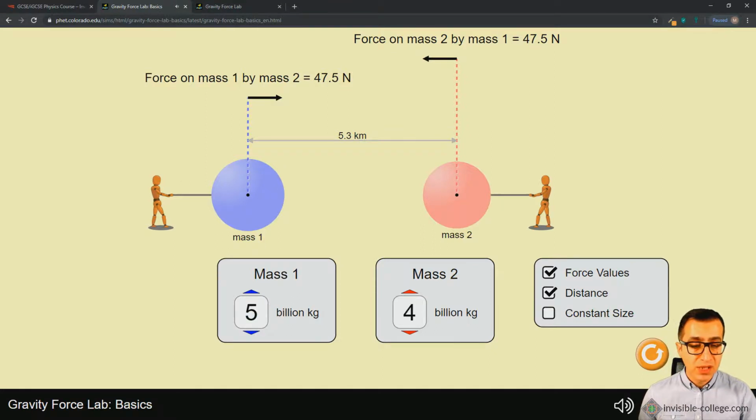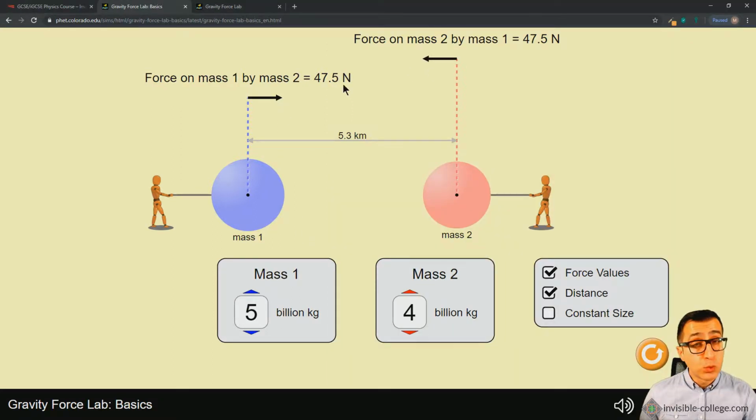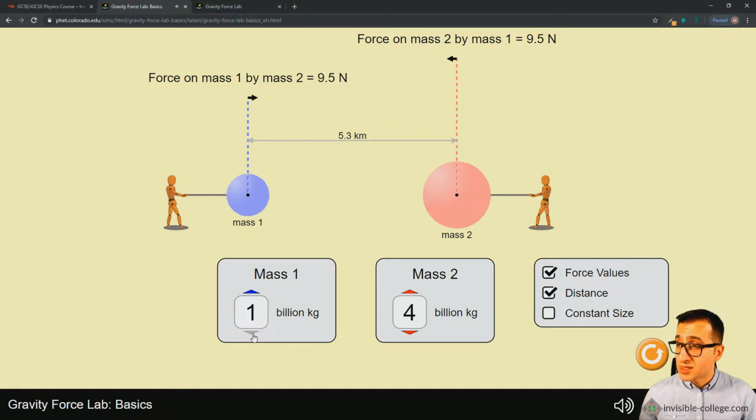And this makes sense because if we're changing one of these masses, then the whole top of the right-hand side of this equation will increase by that factor. So by increasing just one of the masses, we see that both forces increase in magnitude. If I decrease just one of those masses, both forces decrease in magnitude.